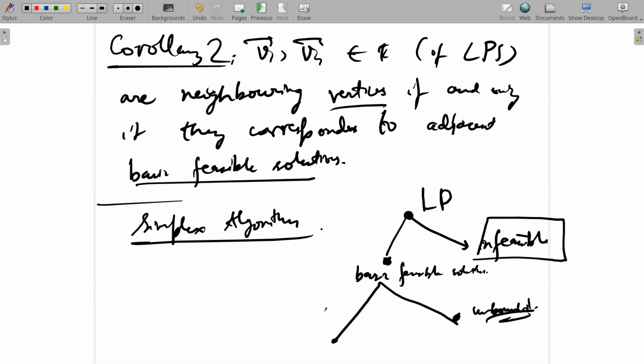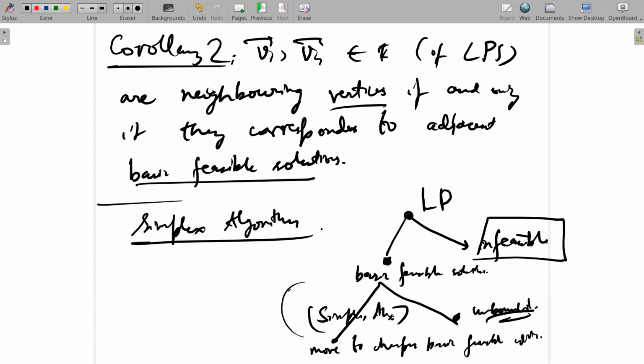So this is where the simplex algorithm comes into play. Move to a cheaper basic feasible solution. And then you keep doing that, keep doing this process until termination, and it will terminate.